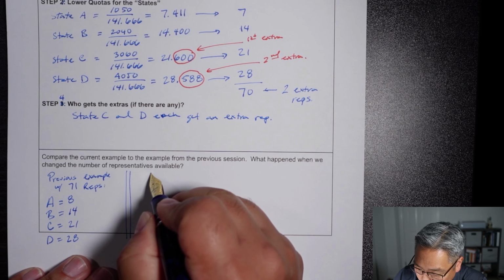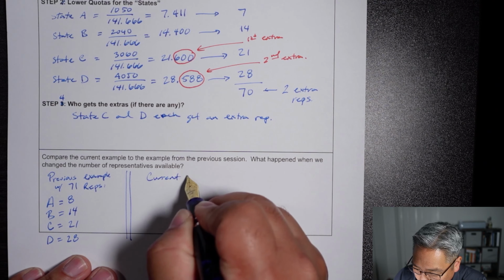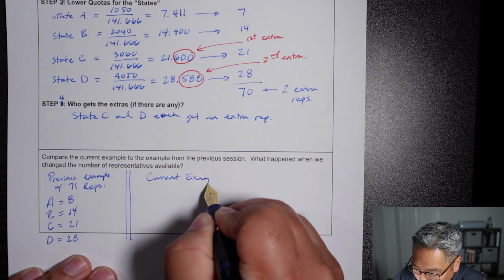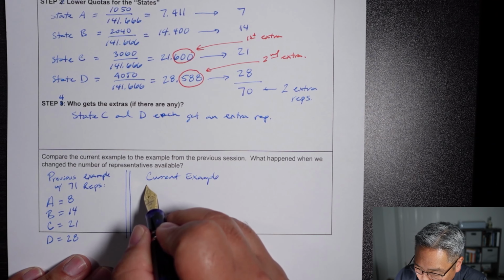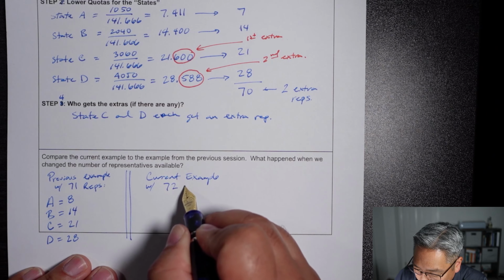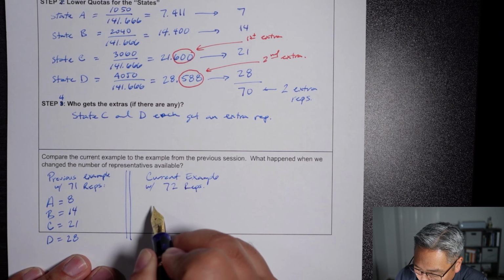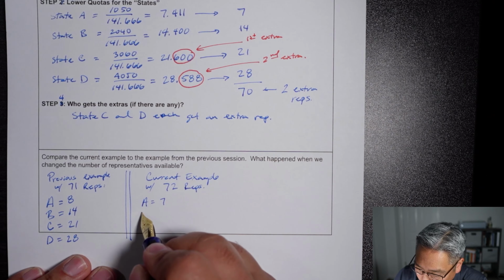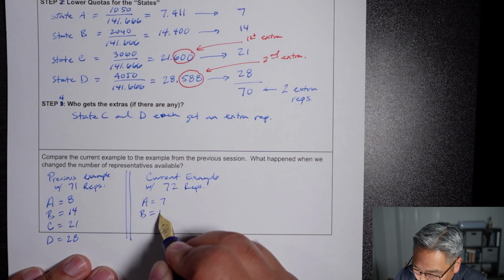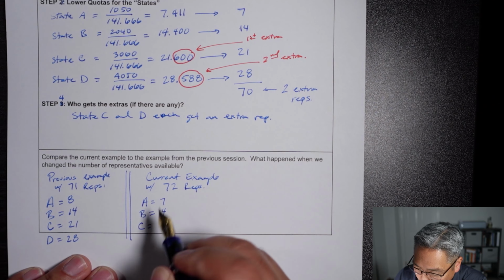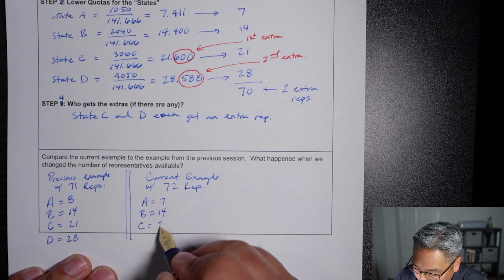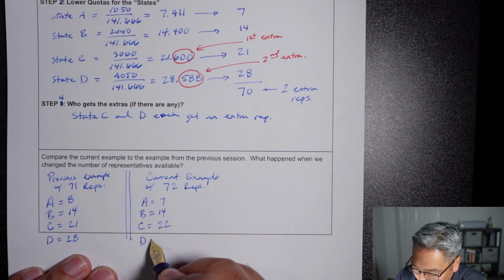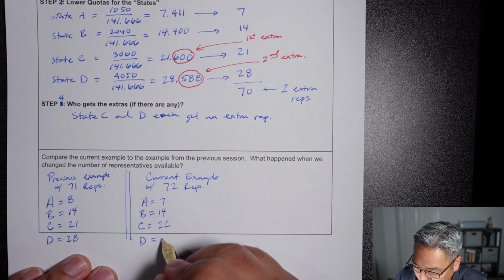Current example, with 72 reps, state A got 7, B got 14, C got an extra so they're at 22, and D got an extra so they're at 29.